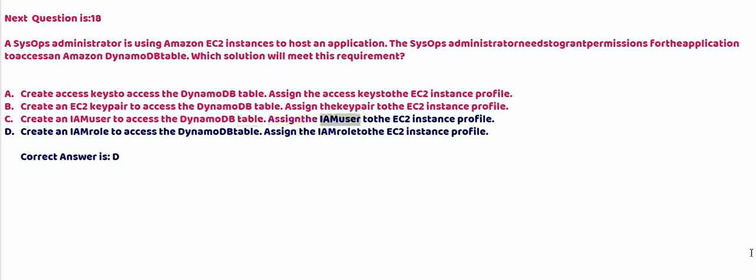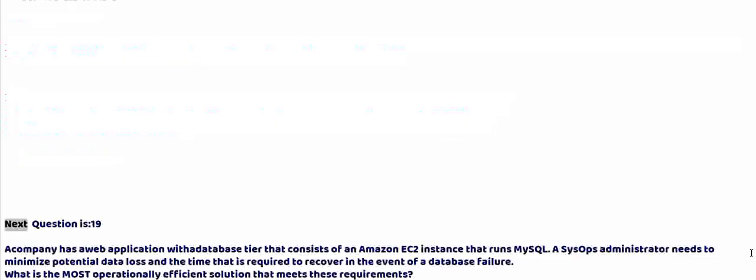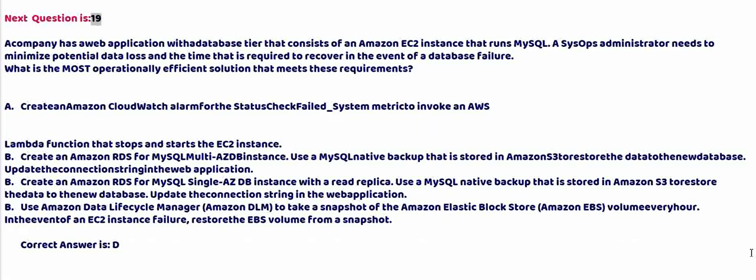Assign the IAM user to the EC2 instance profile. D. Create an IAM role to access the DynamoDB table. Assign the IAM role to the EC2 instance profile. Correct answer is D.